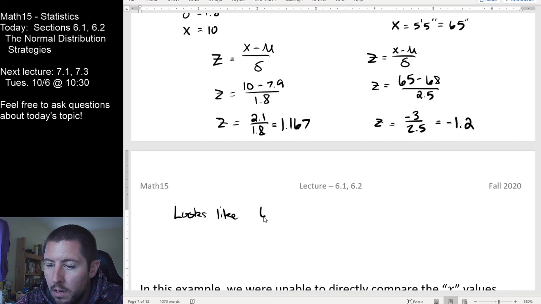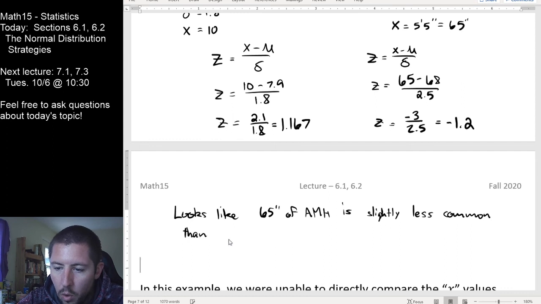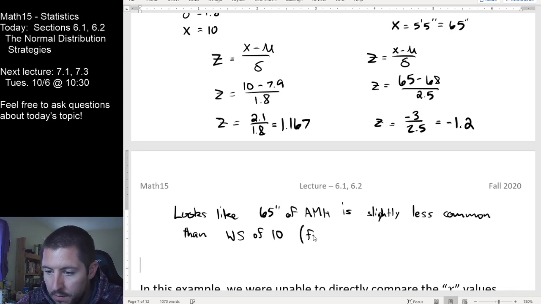Looks like 65 inches of adult male height is slightly less common than a women's shoe size of 10. It's further from average.